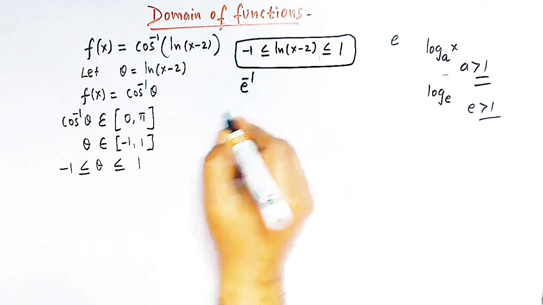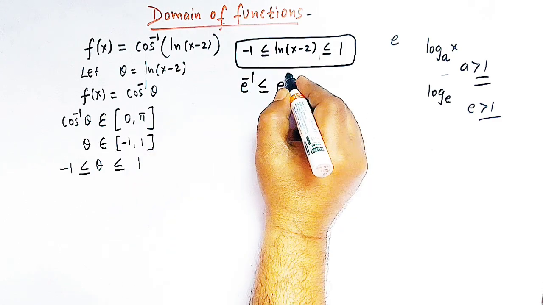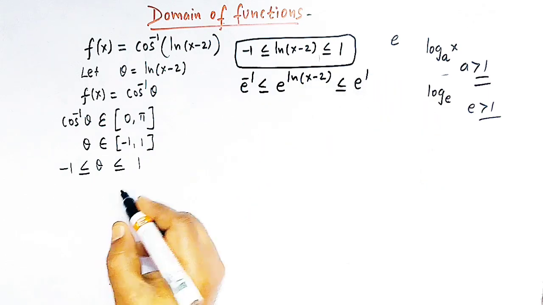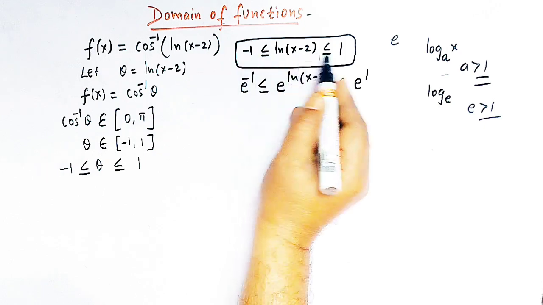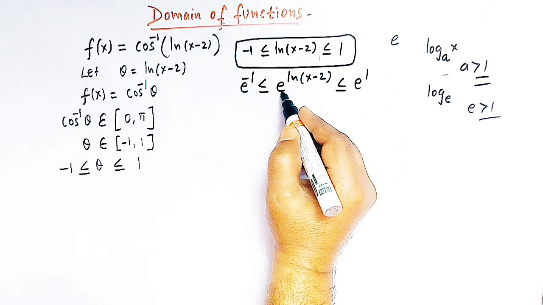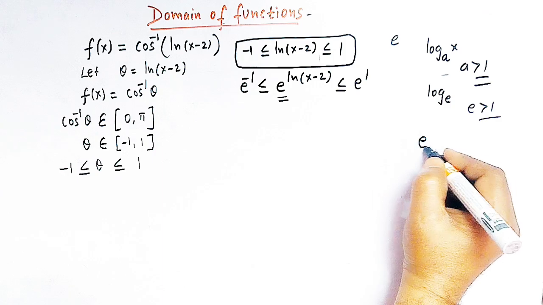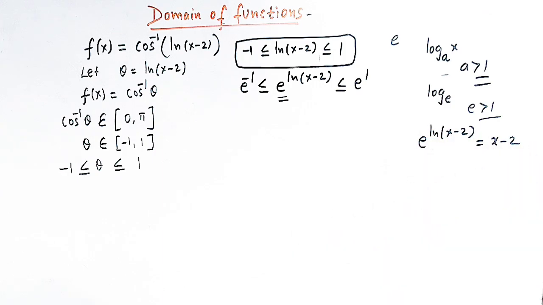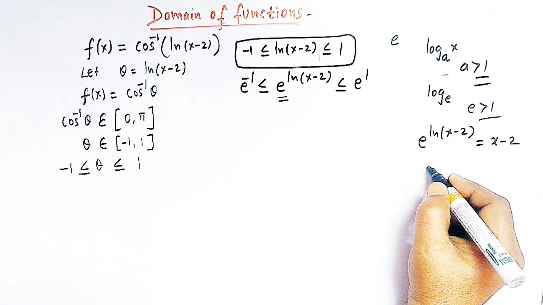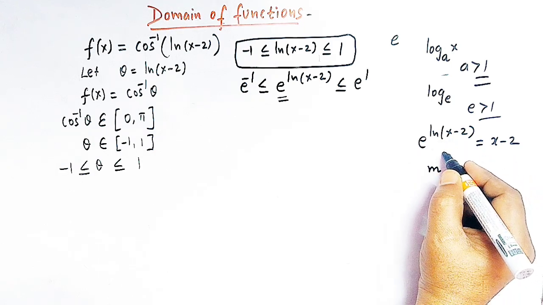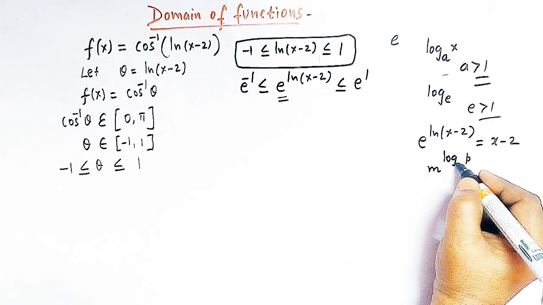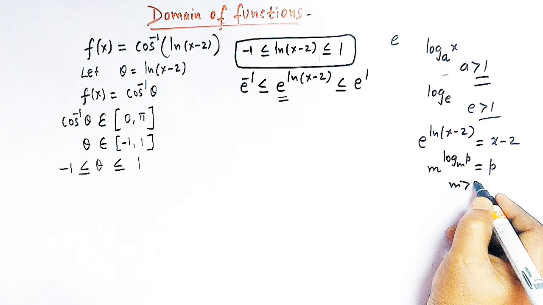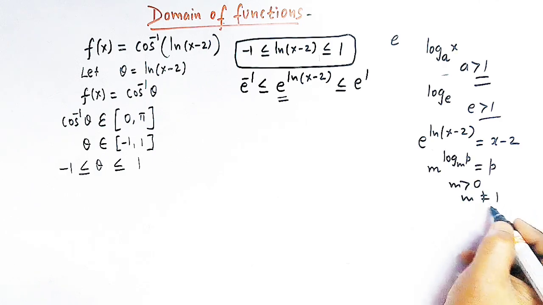So we can now write e raised to minus 1, and here we have e raised to natural log of x minus 2, and here we have e raised to 1. The purpose of raising these three numbers to the power of e is that this expression, e raised to natural log of x minus 2, is equal to x minus 2, because we know this result, that m raised to log of p to the base m is always equal to p if m is greater than 0 and m is not equal to 1.